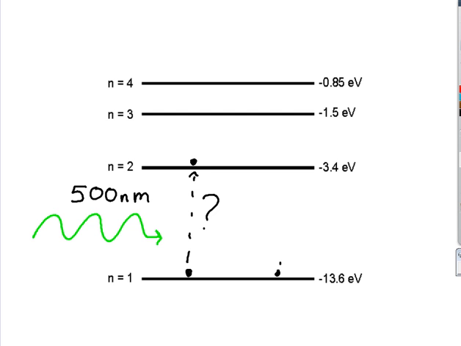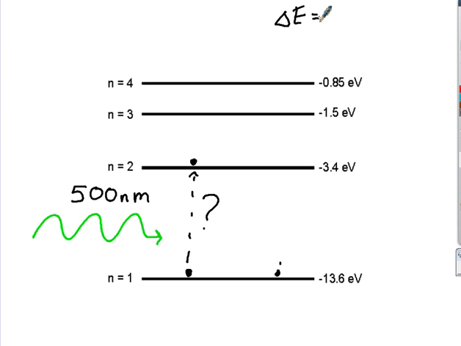Now we can skip ahead too. If I have green light, I have the same energy level diagram, but does green light have enough energy for an electron at the 1st energy level to be moved up to the 2nd energy level? Now to calculate if that energy change is enough, we can combine those equations from the previous slide.